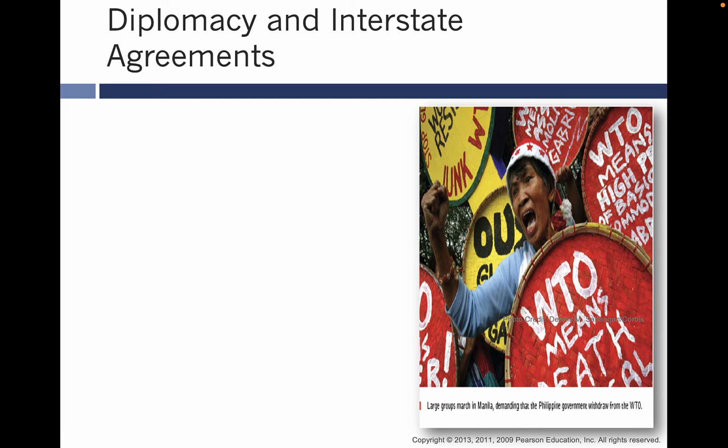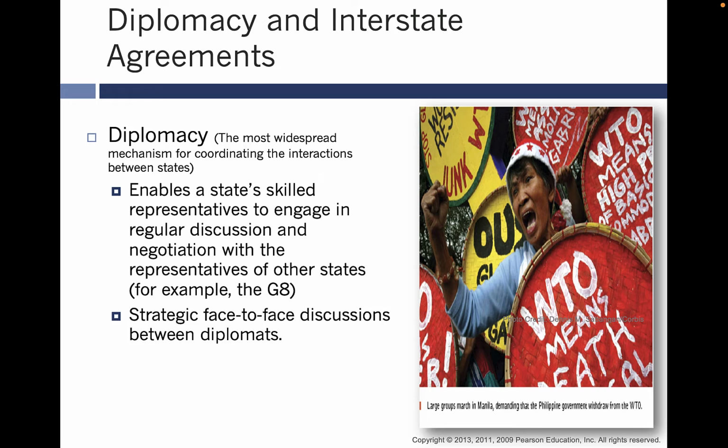But diplomacy is probably one of the more important things, where you have somebody that is skilled in talking to a person. I mean, right now I'm doing what I've always wanted to do. I always wanted to teach, right? But if you had asked me maybe 20 years ago, when I first started studying political science, what I wanted to do, it might have been some type of diplomacy or policy making.